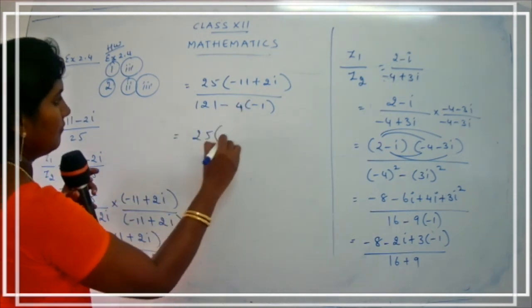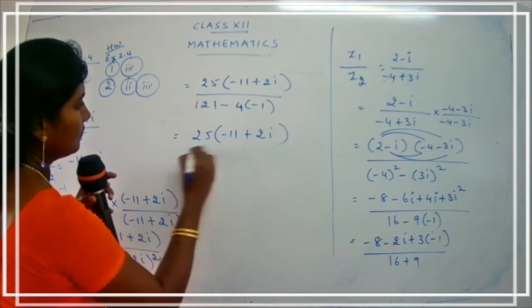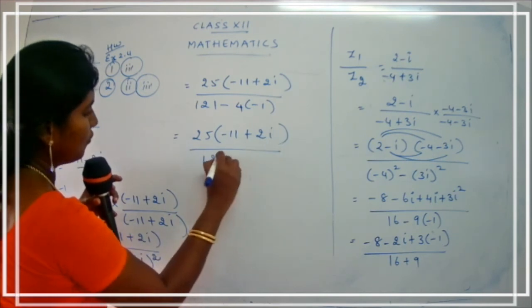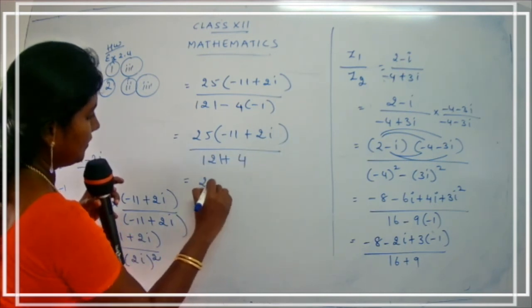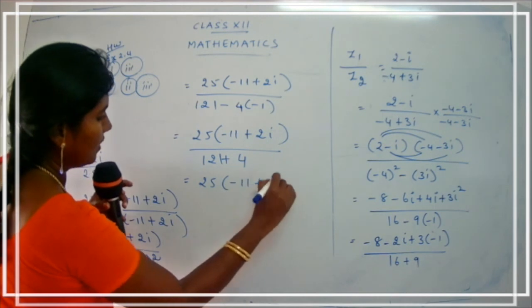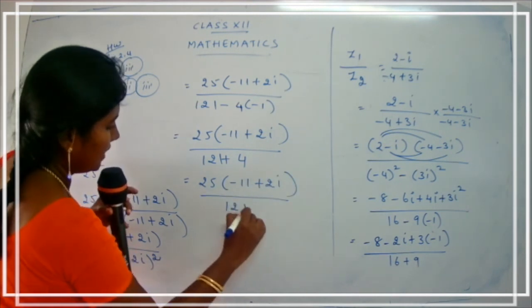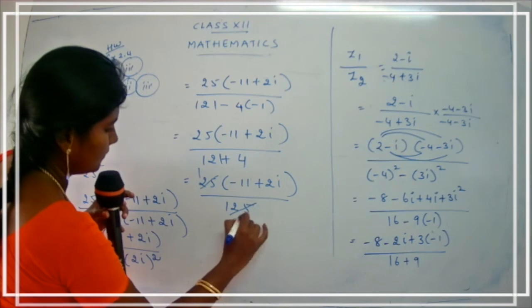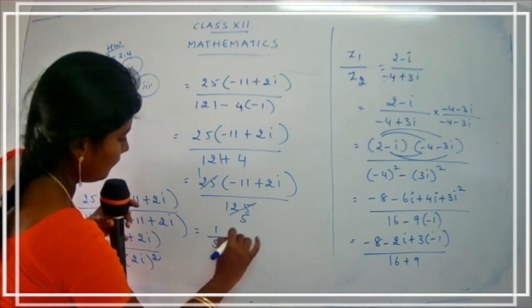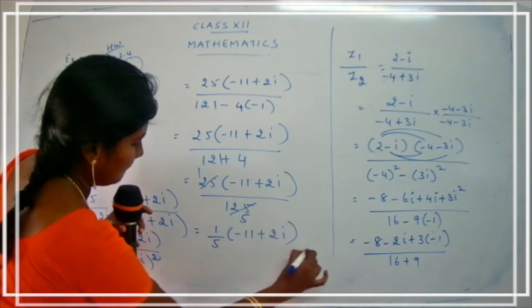So 25 minus 11 plus 2i upon 121 plus 4, that is 125. So 25 by 125, 1 upon 5, into minus 11 plus 2i.